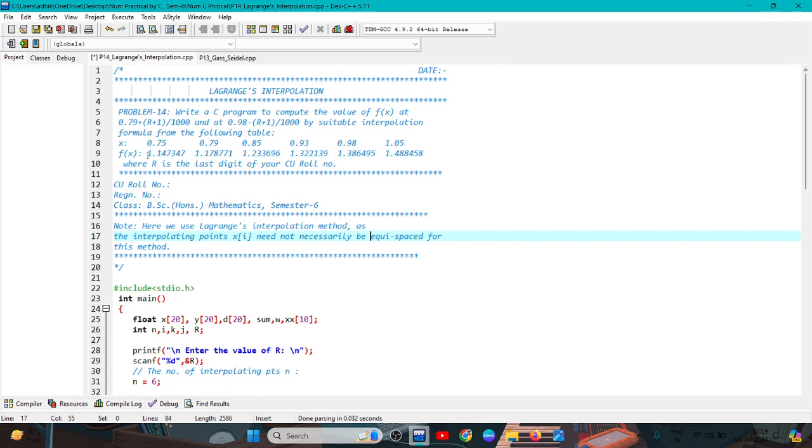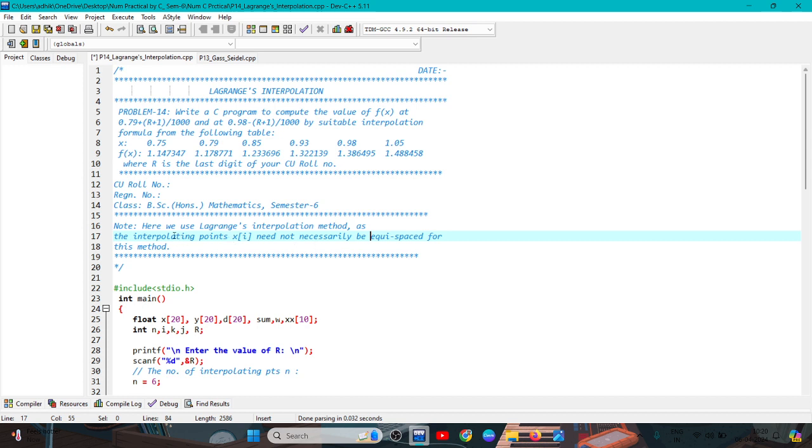Here notice that x0 is 0.75 and x1 is 0.79, so the difference is 0.04, and x1 is 0.79 and x2 is 0.85, so the difference is 0.06. So here we use Lagrange's interpolation method because the interpolating points x0, x1, x2, x3, x4, x5 are not necessarily equispaced.